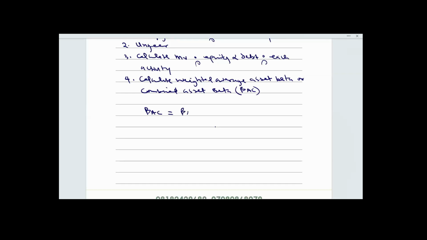Beta asset of the combined is computed as beta asset of the first activity multiplied by total market value of equity and debt of the first activity divided by total market value of the first and the second activity, plus beta asset of the second activity multiplied by total market value of equity and debt of the second activity divided by total market value of equity and debt of the first and then second activity.